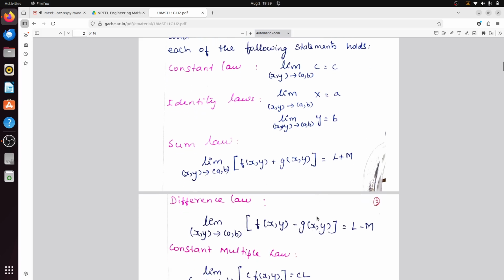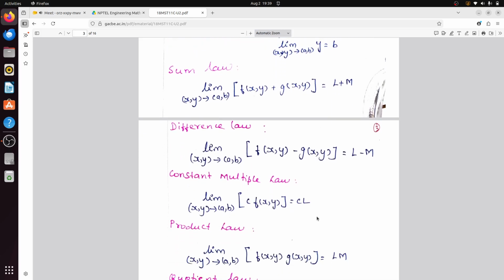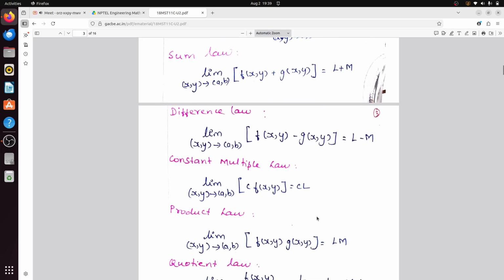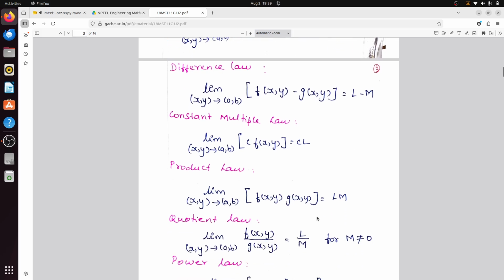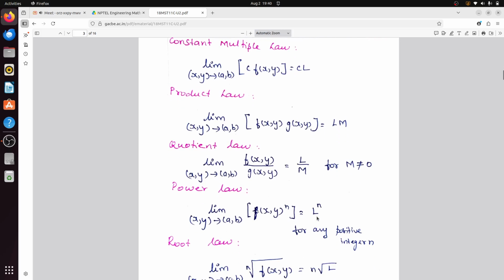Sum law holds, that means limit as (x,y) tends to (a,b) of f(x,y) plus g(x,y) will be L plus M. Difference rule holds, that is limit of f(x,y) minus g(x,y) equal to L minus M. Constant multiple law holds, that means limit of c f(x,y) will be cL. Product law holds, that means limit of f(x,y) into g(x,y) will be LM.